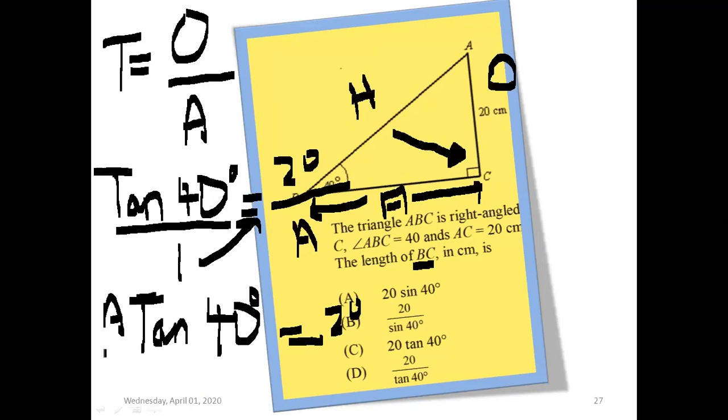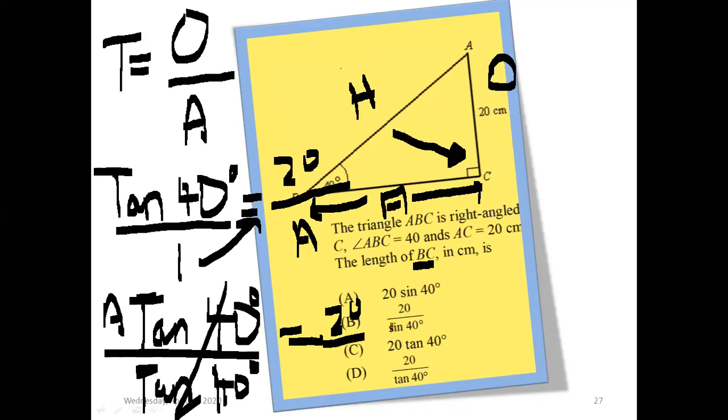And then we'll just divide everything by tan 40 to find A, and tan 40 will cancel. So we divide both sides by what? Tan 40. Oh boy, I don't have any space. But the answer there is going to be D.